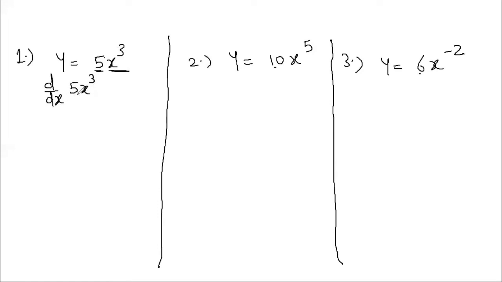Now whenever the constant is attached with the variable, you have to bring this constant outside the differentiation. So this 5 will become outside, and you have to do the differentiation only for x to the power 3.